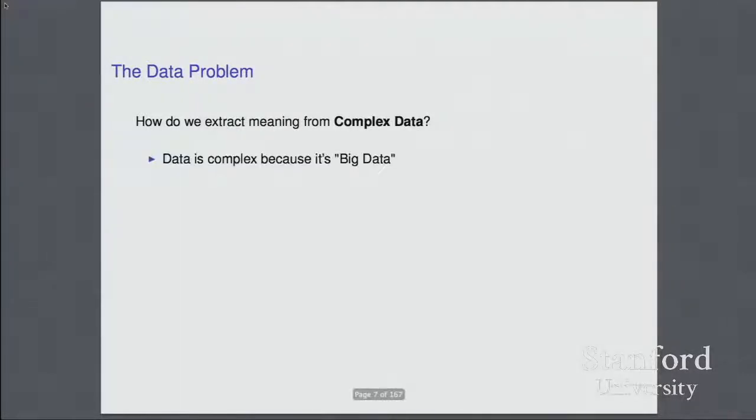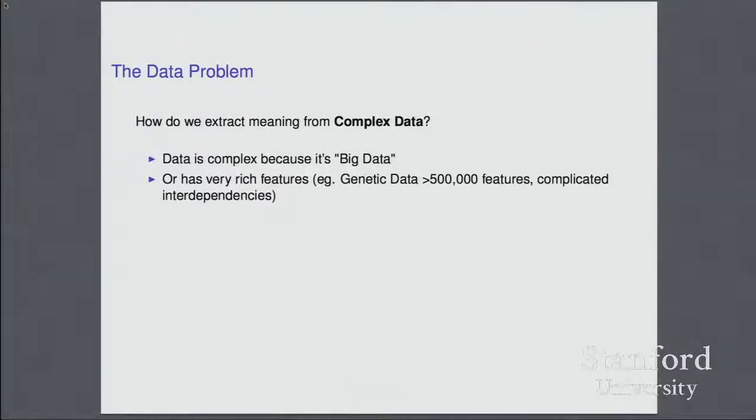And I say complex because data is complex when it's big, meaning there's a lot of it. That's one way data is complex, and we deal with some of that at Ayasdi. But we also deal with a lot of data that's complex because it's feature rich. If you think of something like genetic data, you could have SNP data, you could have 500,000 columns in the data set, and there are complicated interdependencies among those columns, among gene expression levels, among mutations, among all kinds of things.